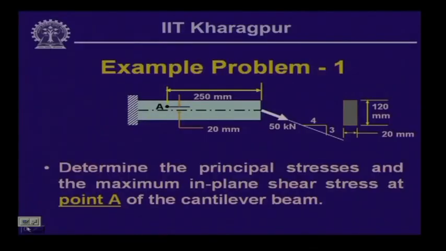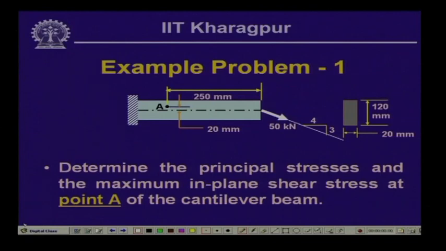Well, let us look into the examples. This is the example which I had given to you last time, wherein there is a cantilever beam which is subjected to an axial pull or an axial load which is inclined at an angle of, let us say, theta.